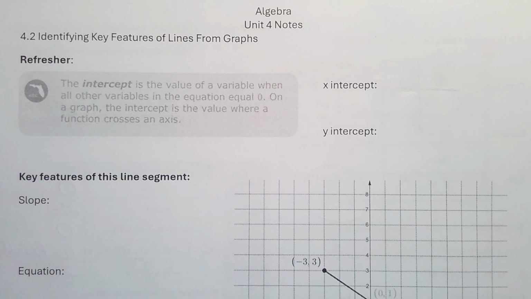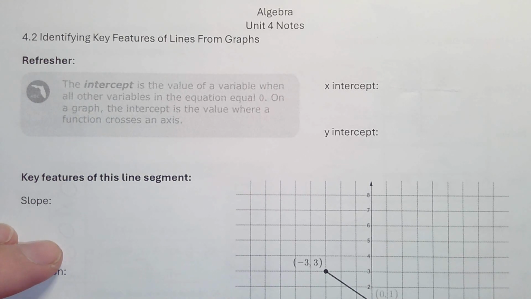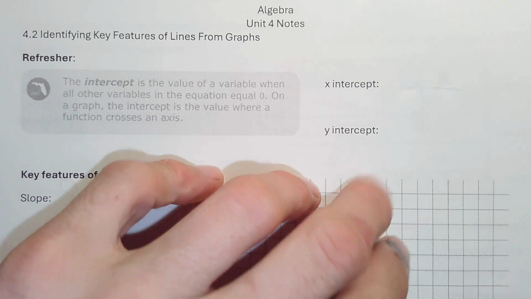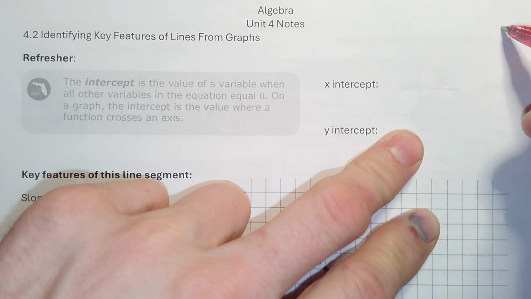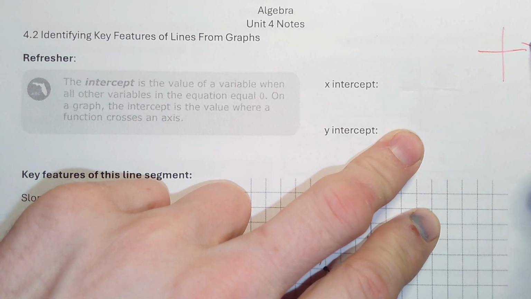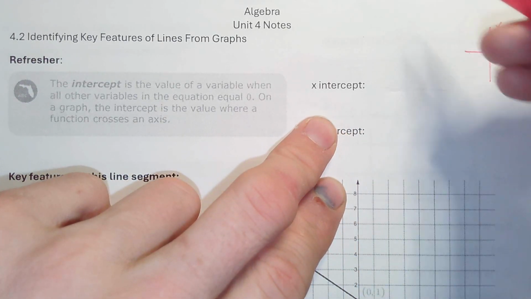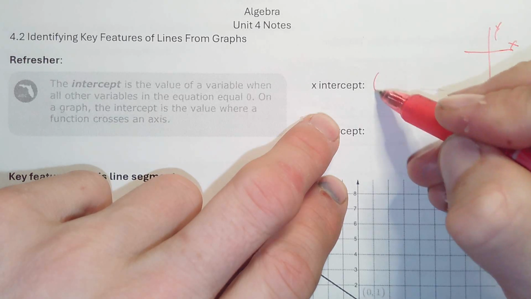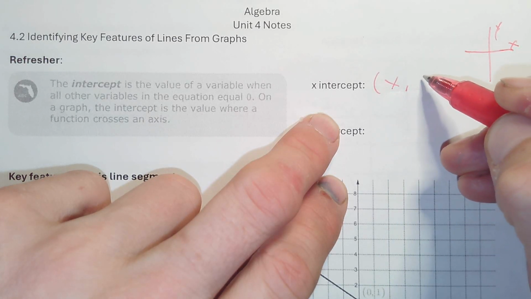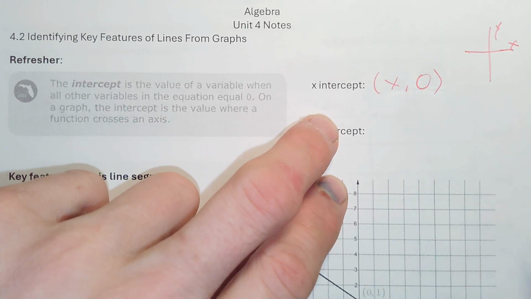If you remember, an intercept is the value of a variable when the other variable in an equation equals 0, right? So if our axes are labeled x and y, the x-intercept is whatever the value of x is when y is 0, okay?